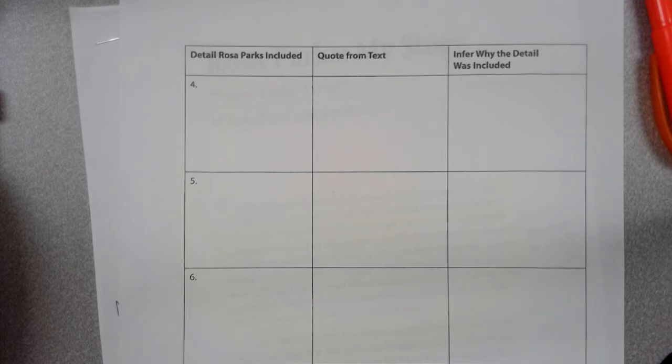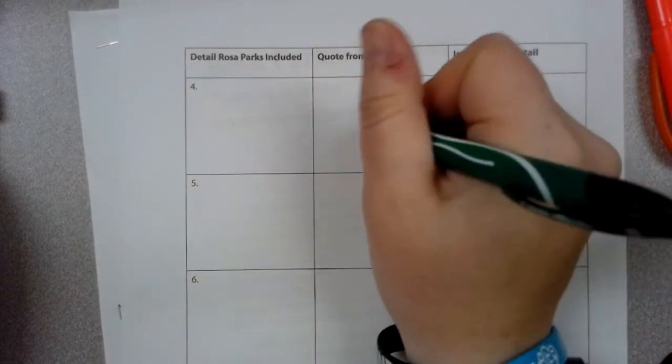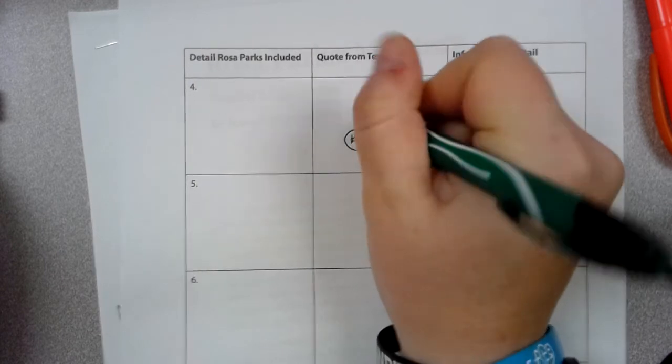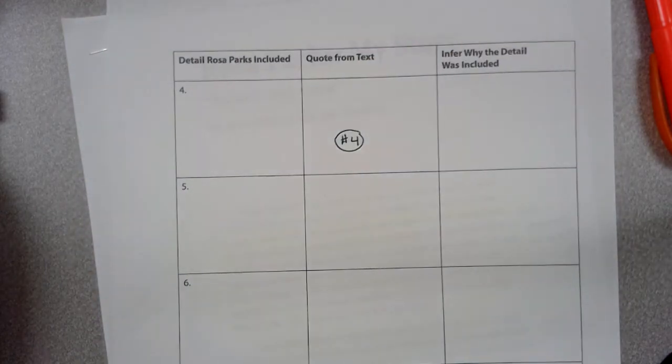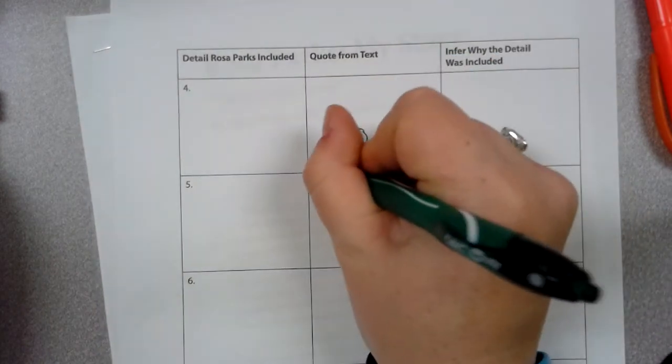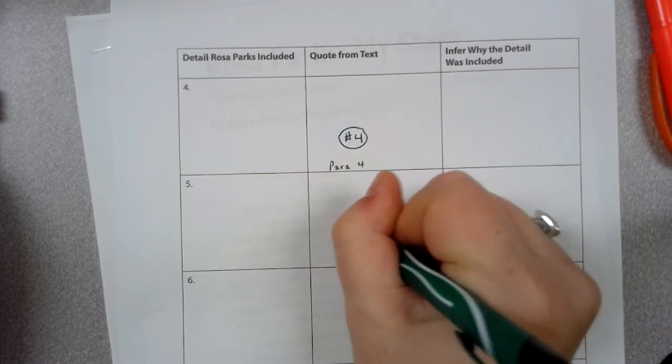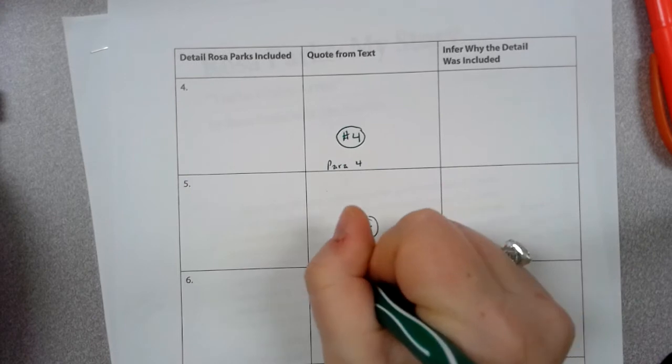I'm going to give you the facts or the details, and you have to find the quote. Just to help you out, I'll tell you what paragraph they're in. Quote number 4 is in paragraph 4, so you can just look there. Number 5 is in paragraph 5.